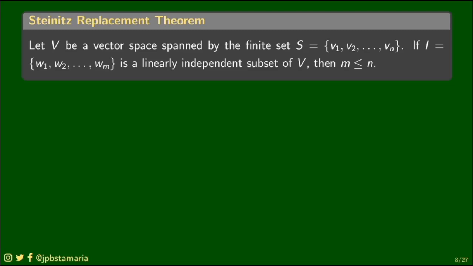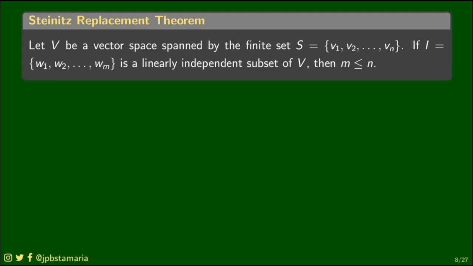Okay, so I want you to watch carefully and take note of the proof, because the proof is really important here. So here you have a vector space V that is spanned by a finite set S, V1 up to Vn.